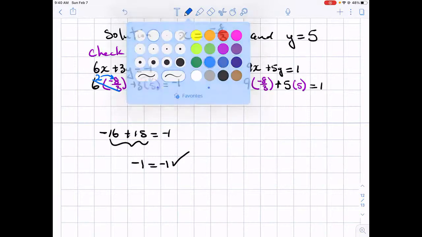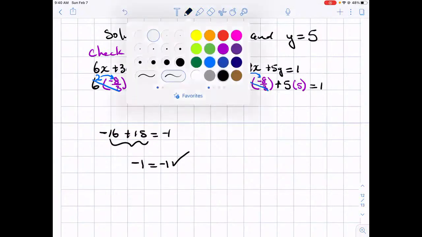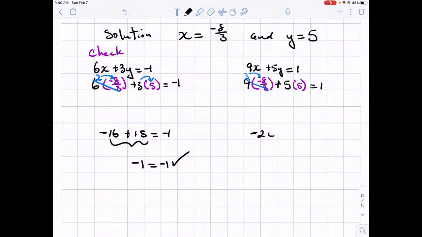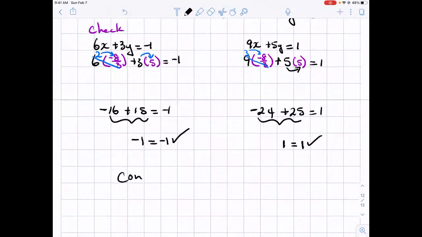Now, we've seen that 9 divided by 3 is 3. So 3 times -8 becomes -24. So -24, 5 times 5 becomes plus 25. And -24 plus 25, 1 equals 1. That checks.